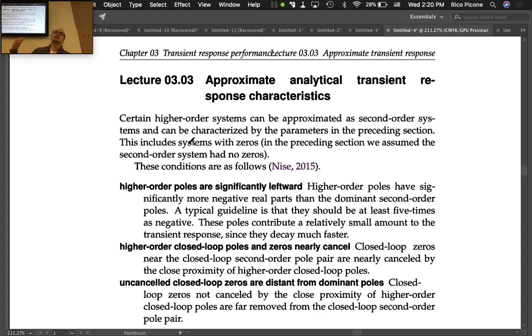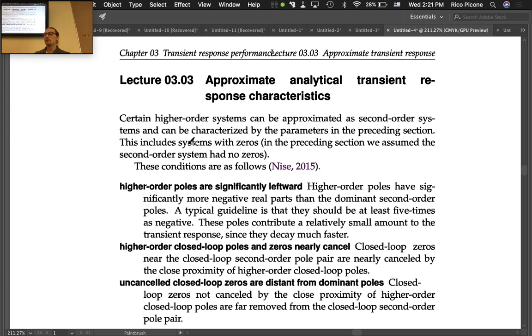Now, unfortunately, I know it's disappointing to discover that not every system is a first or second order system with no zeros. It's just the truth. So we can have higher order systems, or systems that are lower order but have a zero or two associated with them.